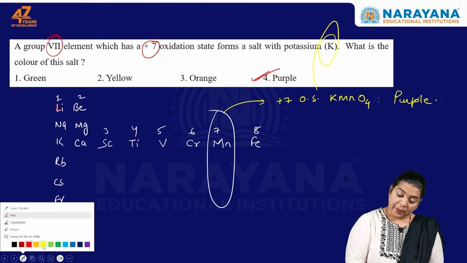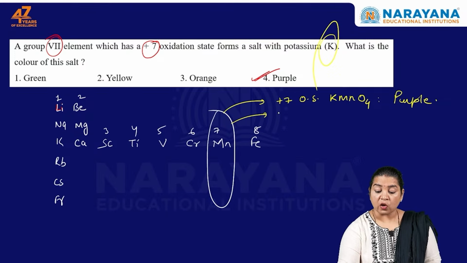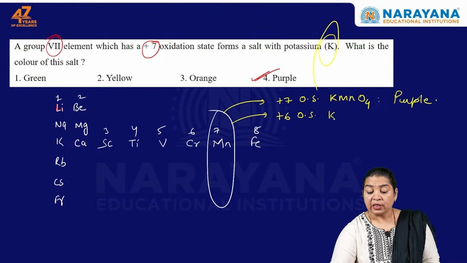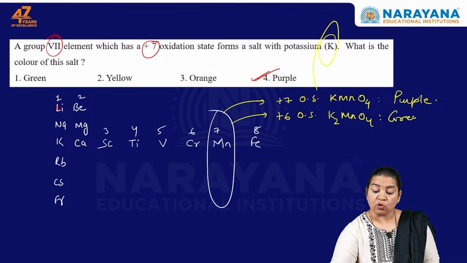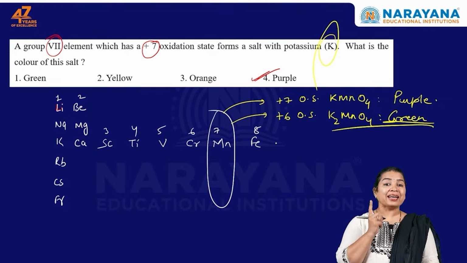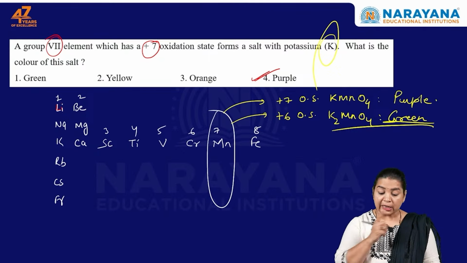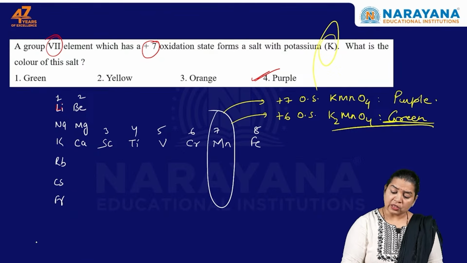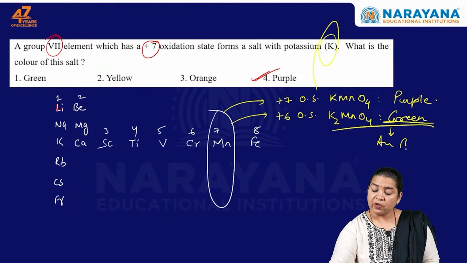But if the question was of +6 oxidation state, as some students were debating, then it is K2MnO4 they are asking, and the color of that K2MnO4 is dark green. In that particular case, the answer would have been first.